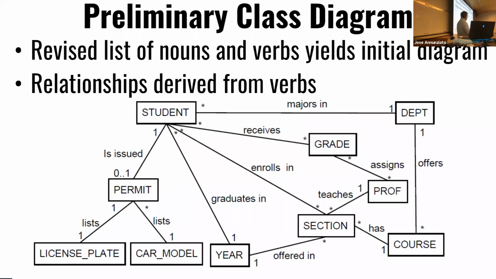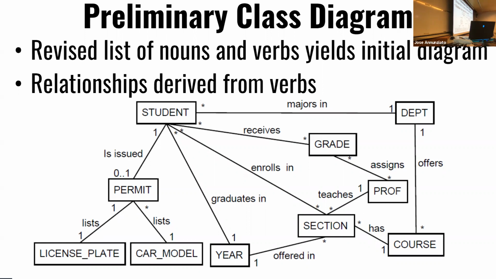Once we have all these nouns and verbs, we come up with a preliminary class diagram such as this one. You might have one class for every noun identified in the list of nouns, and the verbs connect the different nouns. Now this is a very preliminary class diagram that still has to be vetted.